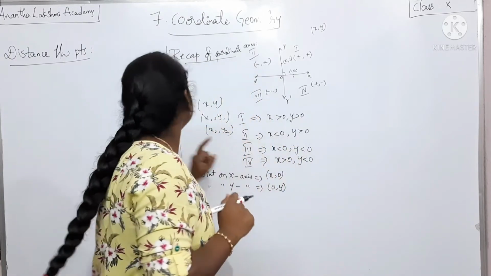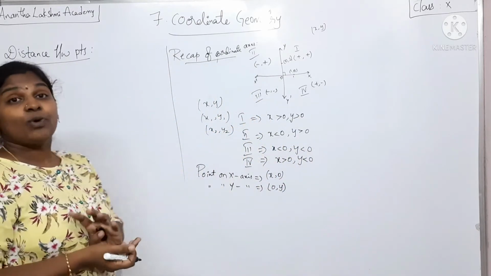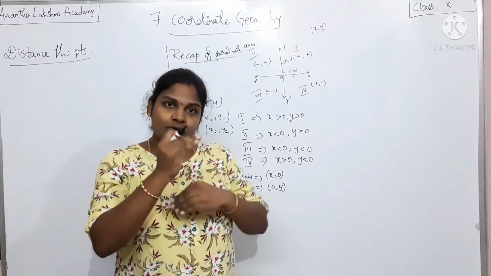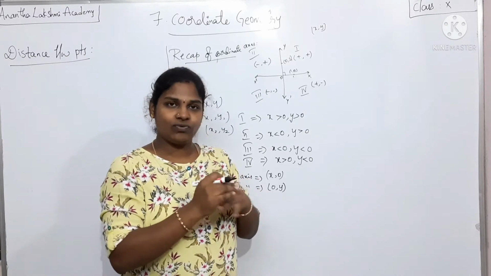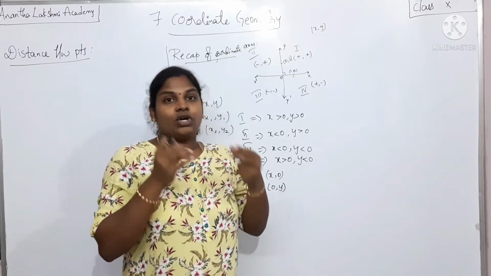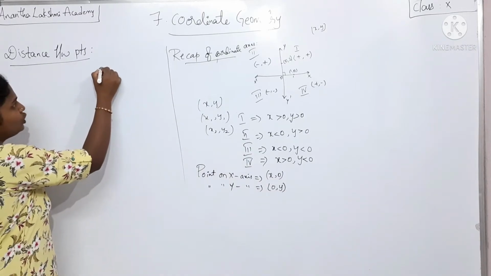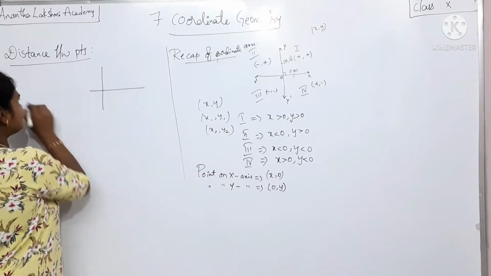Okay, now distance between the points. What are those points? Let me explain gradually so that you feel it is not a new topic to you. Okay, so let me consider 2 points on x-axis.